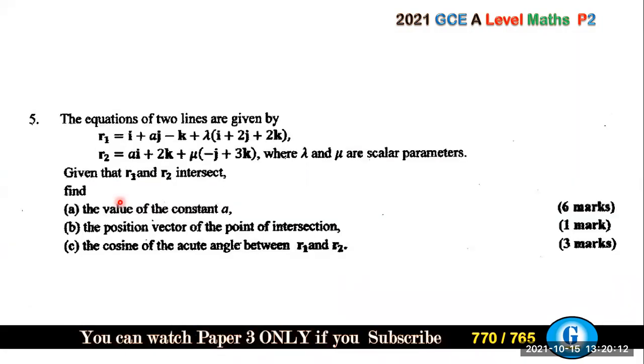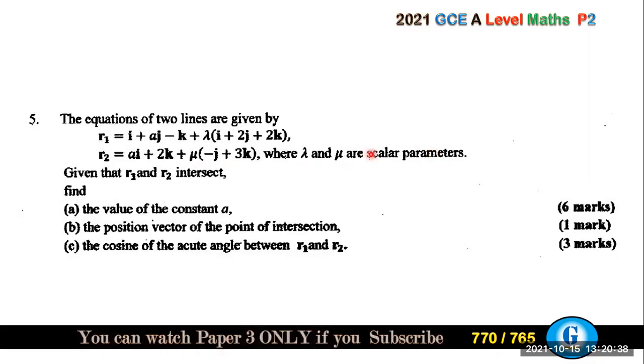Question 5. The equations of two lines are given by R1 equals I plus AJ minus K plus lambda into I plus 2J plus 2K, and R2 is AI plus 2K plus mu into minus J plus 3K, where mu and lambda are scalar parameters.